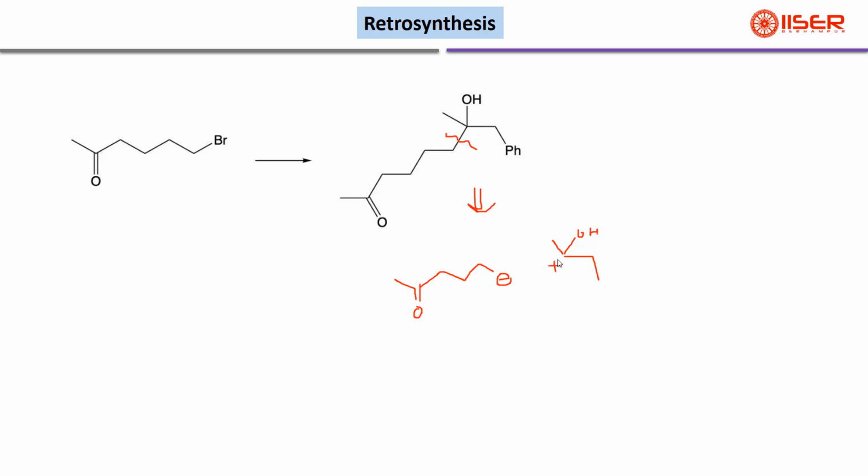what will be the synthetic equivalent of this one? Aldehyde can be the synthetic equivalent. The methyl ethyl ketone can be the synthetic equivalent of this one, and for this one the synthetic equivalent will be a Grignard.